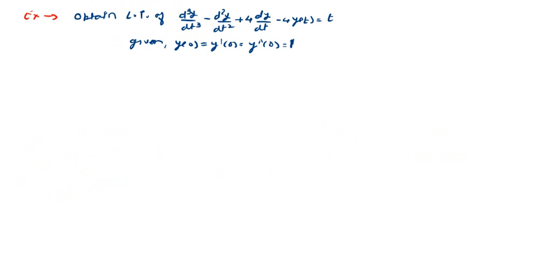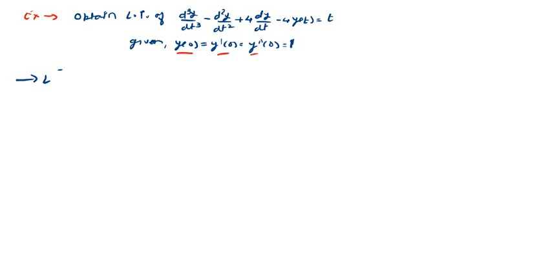Now to find the Laplace transform of this given function, the values for y, y dash and y double dash are given at t equal to 0 to be equal to 1. Now we will solve our example with the basic definition. So we will take Laplace on both sides.